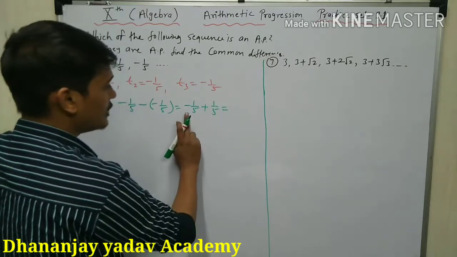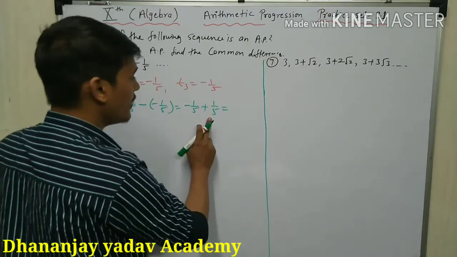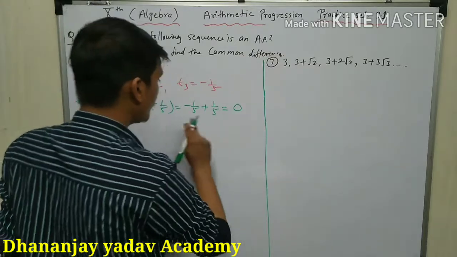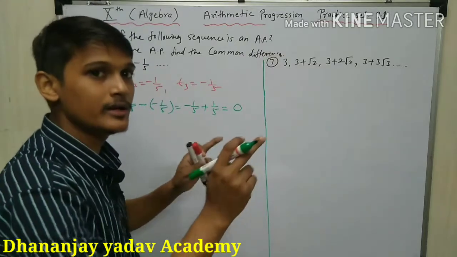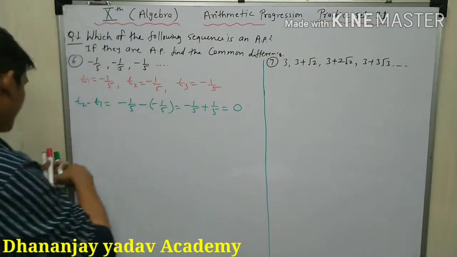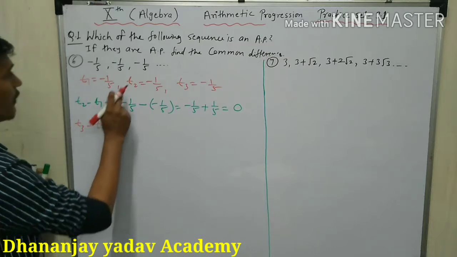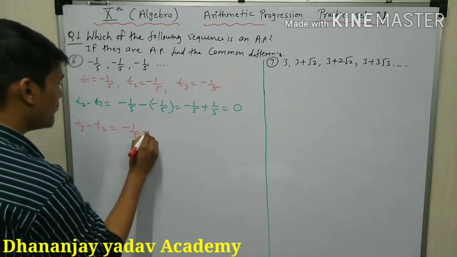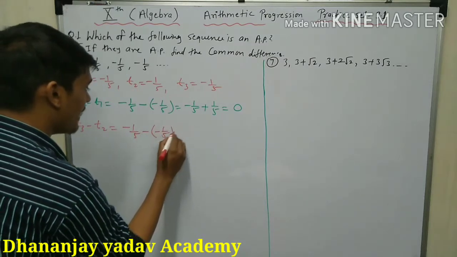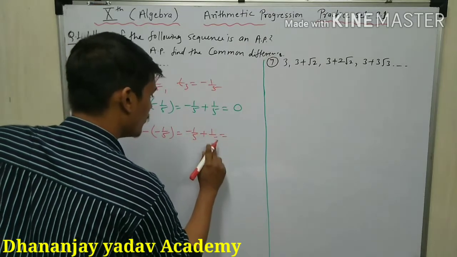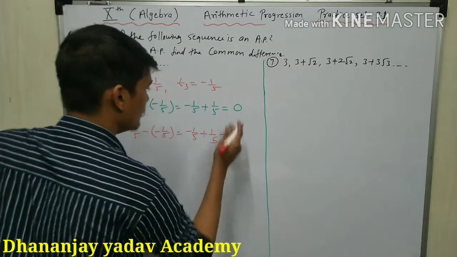There is one negative and one positive number, so plus 1 minus 1 is equal to 0. Then second, T3 minus T2 is equal to -1/5 minus (-1/5), which is -1/5 plus 1/5, equal to 0.